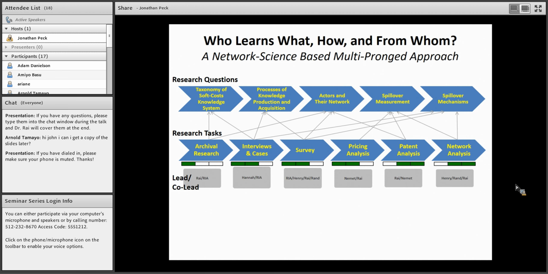And we have a range of different data collection efforts, including the full gamut really: archival research, interviews, case studies, survey data collection, pricing analysis on the lines of what we have done in the past, using a very large data set that is now over a half million systems installed in the US. Patents in balance of system as well. My work has also focused on that.